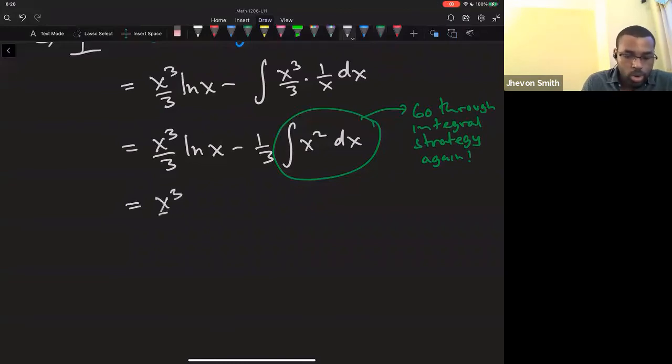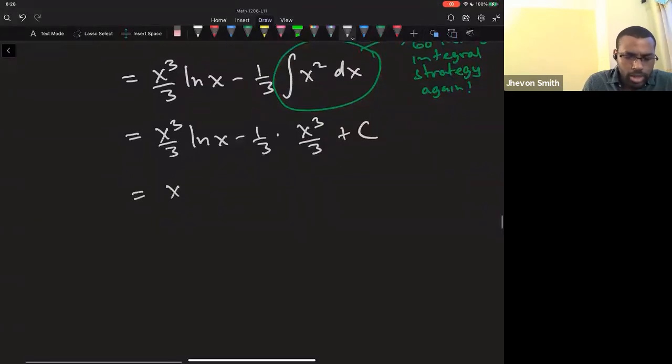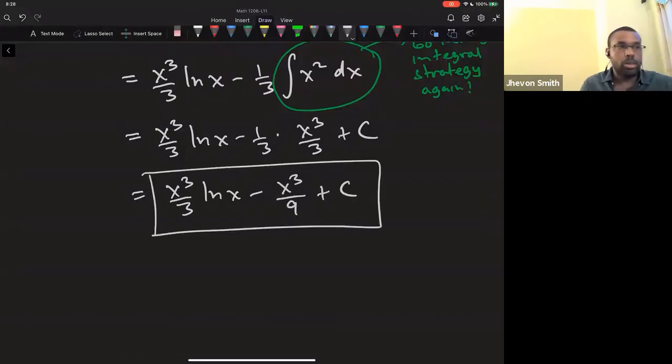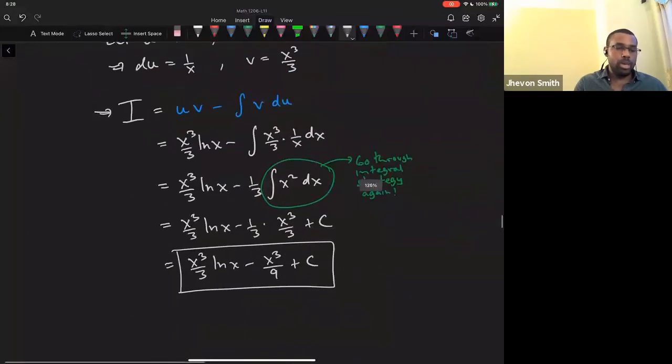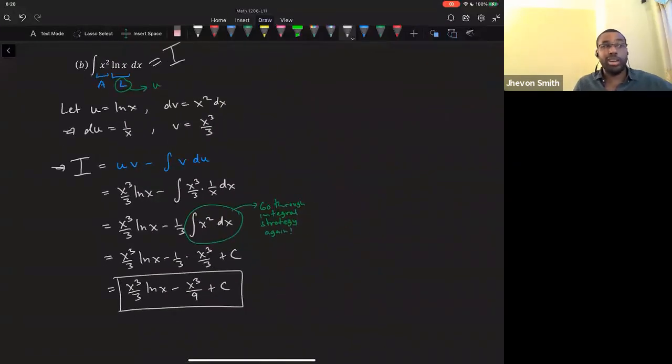So you're going to add 1 to the power and divide by the new power, plus c. So then you have x cubed over 3 ln x minus x cubed over 9 plus c. And that's going to be the integral of x squared times ln x.